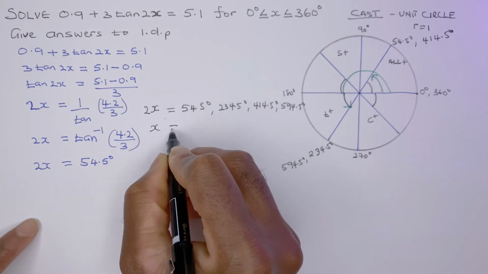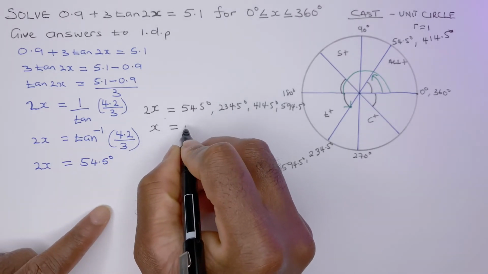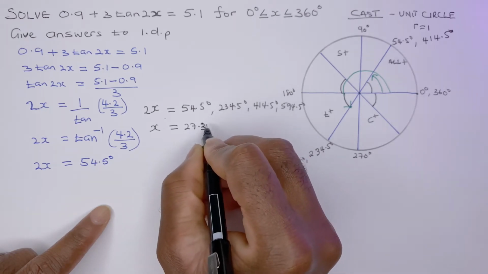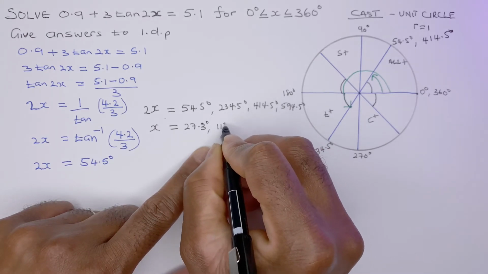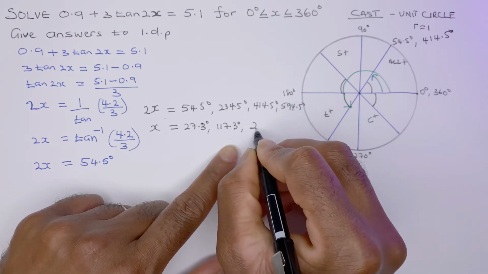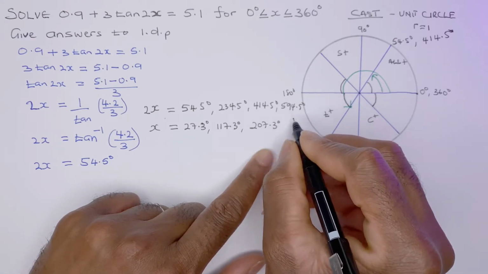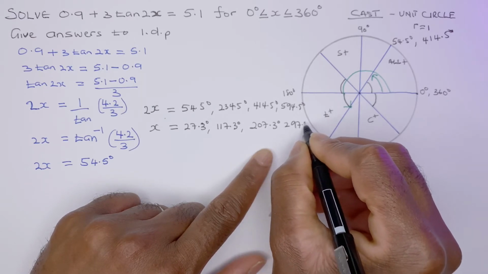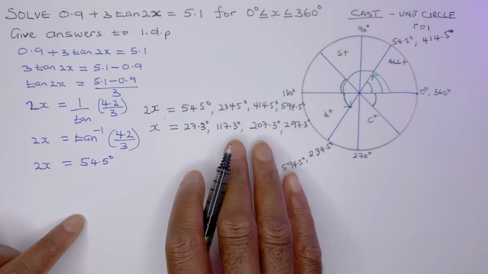Dividing 54.5 by 2 gives 27.3 degrees roughly. Dividing 234.5 by 2 gives 117.3 degrees. Dividing 414.5 by 2 gives 207.3 degrees, and dividing 594.5 by 2 gives 297.3 degrees. So these are the answers we're looking for.